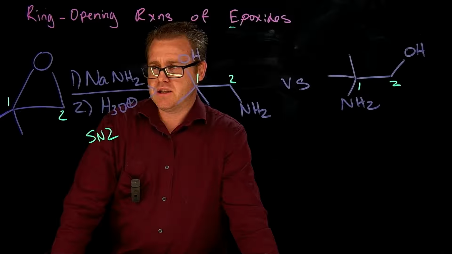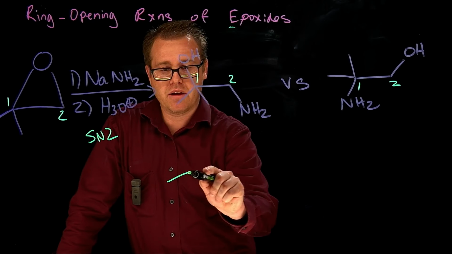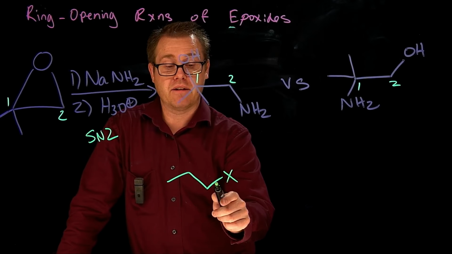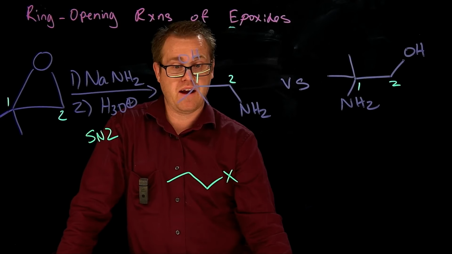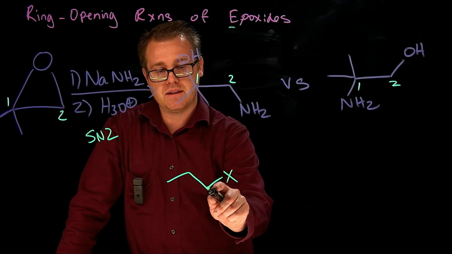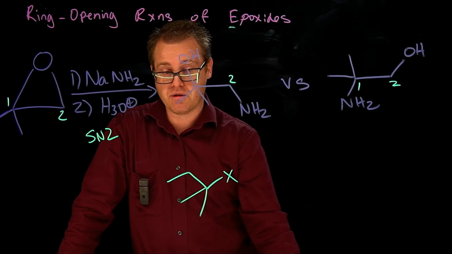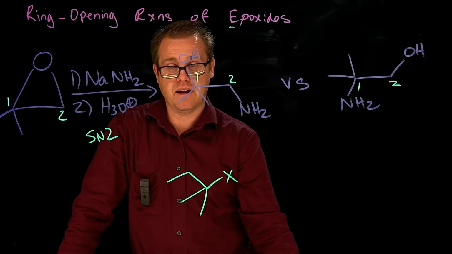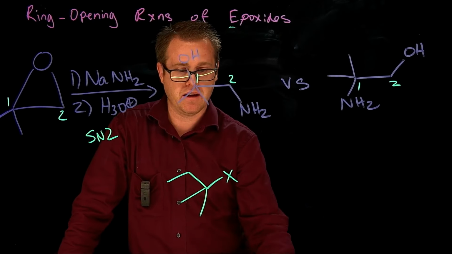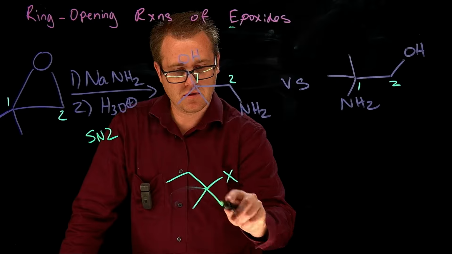Remember SN2s where you have an alkyl halide? If it's a primary alkyl halide, SN2 goes very fast and does very well. But if it's a secondary or, more importantly, a tertiary alkyl halide, we don't undergo SN2 because it's just so unstable. Draw it more like that.